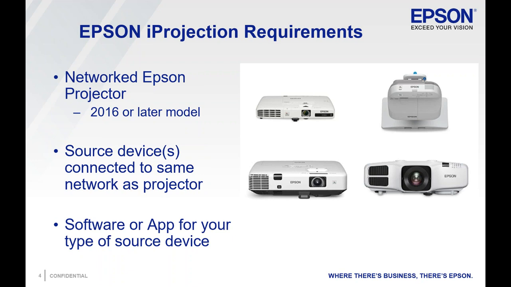If it's not natively wirelessly capable, you'll need to add the wireless dongle, which is an additional accessory for most of our Epson projectors that costs about $110 for education. So you've got those options there.